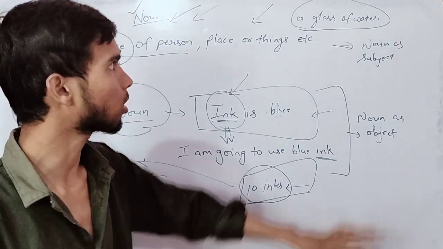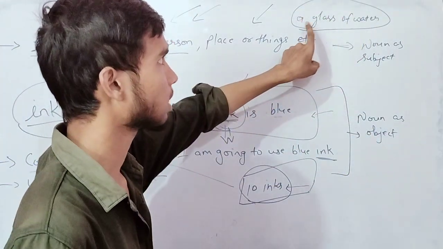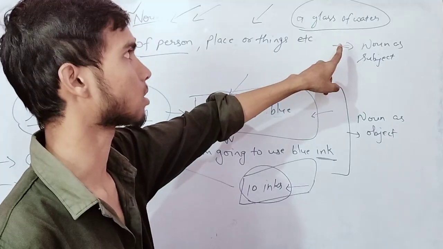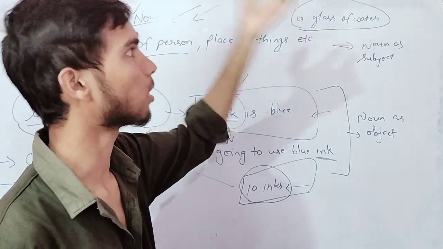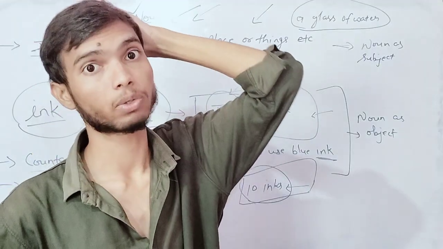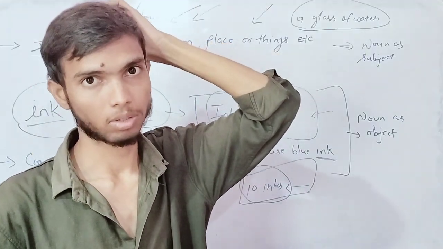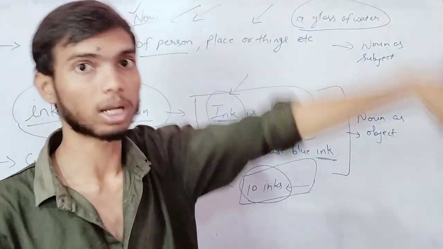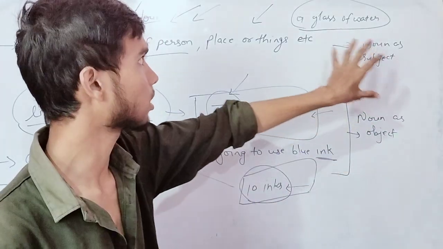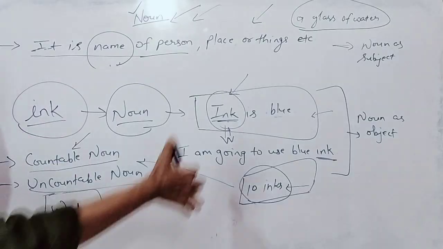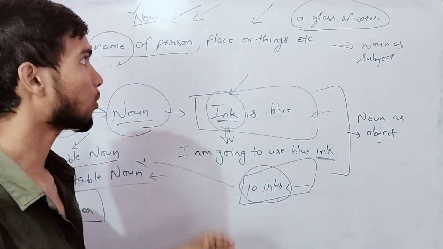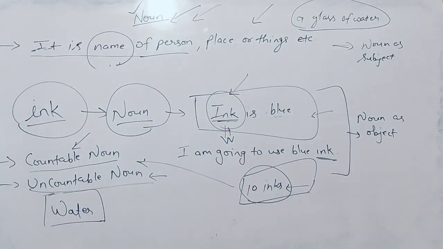We are saying this complete phrase is countable because here we are talking about a glass, a glass of water, a glass of juice. Our main focus is on glass. So this full phrase would be countable, but only water would not be countable. Okay? Uncountable water.